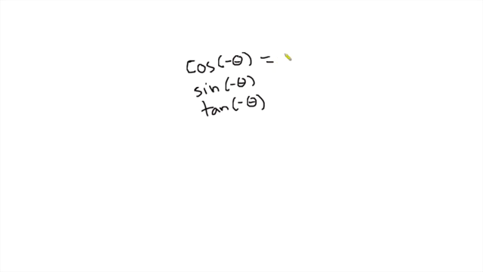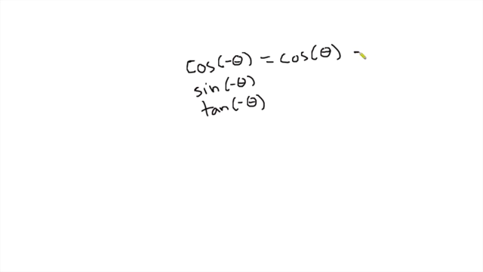Final identities you need to know on the ACT for trig are what to do with a negative angle, basically. So cosine of negative theta, sine of negative theta, and tangent of negative theta. Cosine of negative theta is the same as cosine of theta.